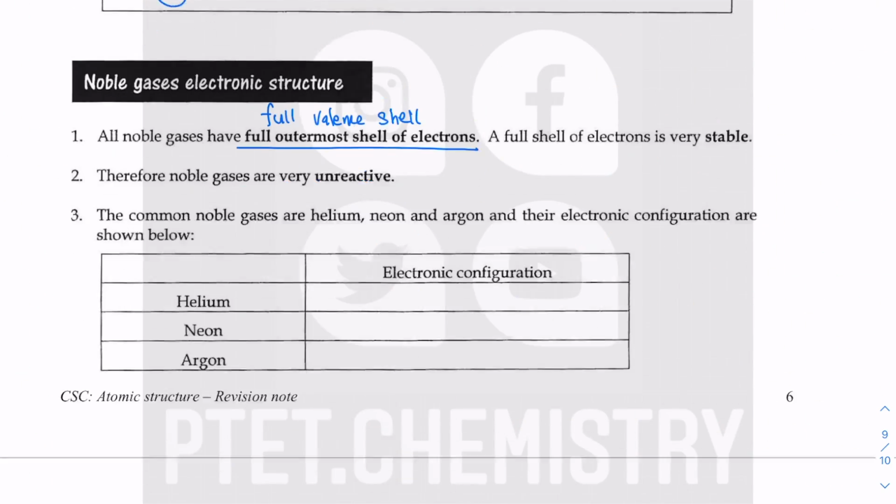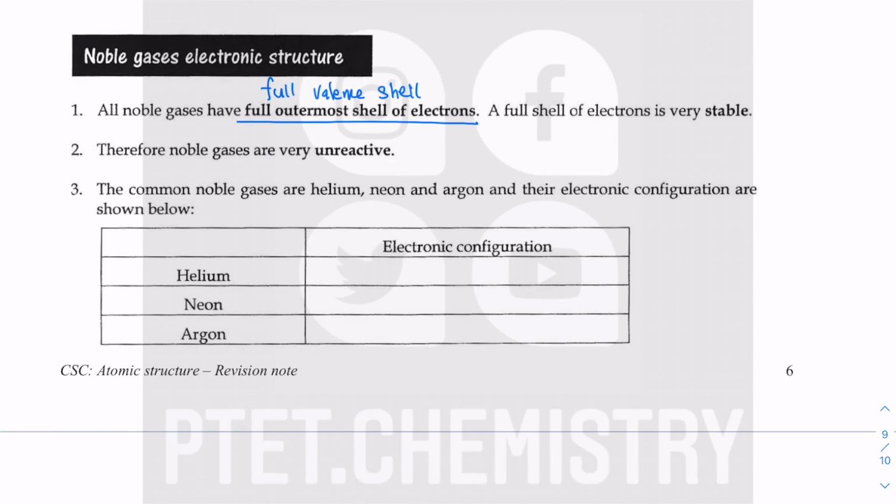So very quickly, noble gases are very unreactive. Group 8, Roman numeral, is known as the noble gases. Sometimes they call them inert gases, I-N-E-R-T. Inert means unreactive.